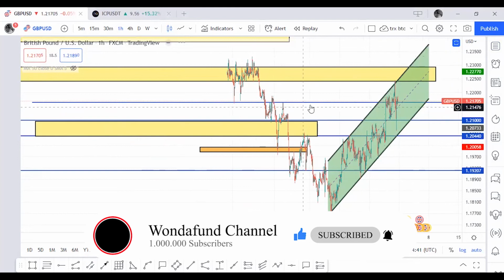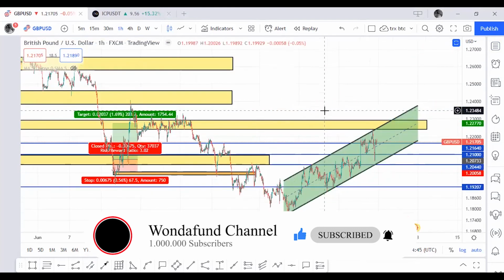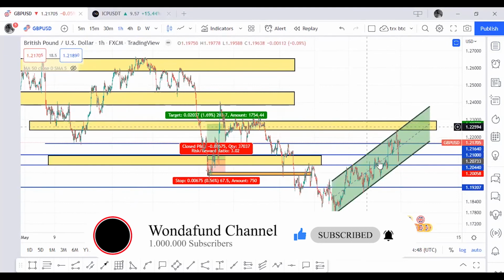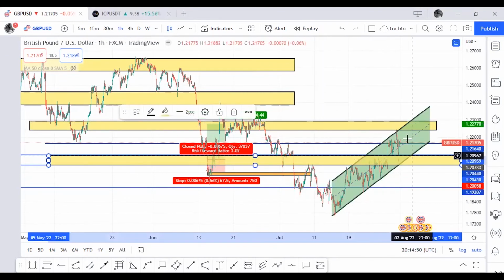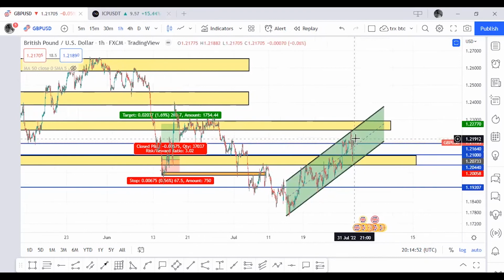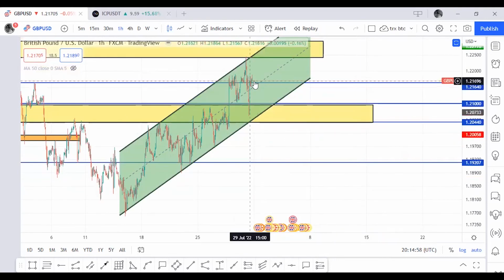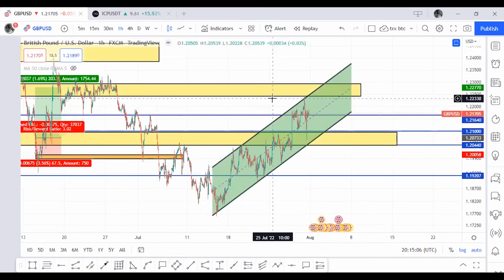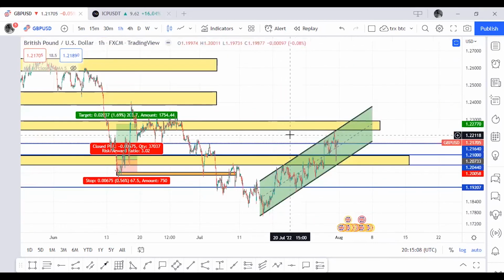Sorry, my chart is taking a second to load. Okay, so we have a major resistance up there. Pretty much the same thing as Euro USD. The market is opening, we'll probably see some fluctuations, possibly a bullish continuation back to that resistance, and then we'll see what direction the market takes for the week.